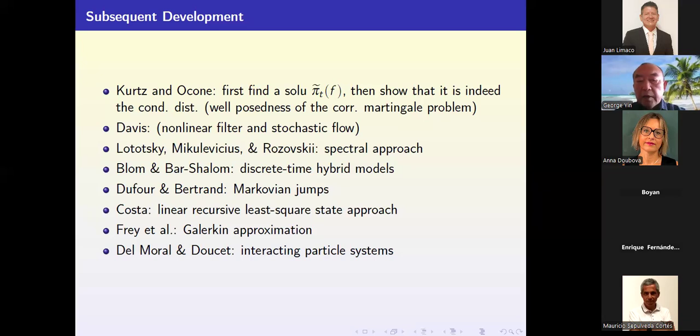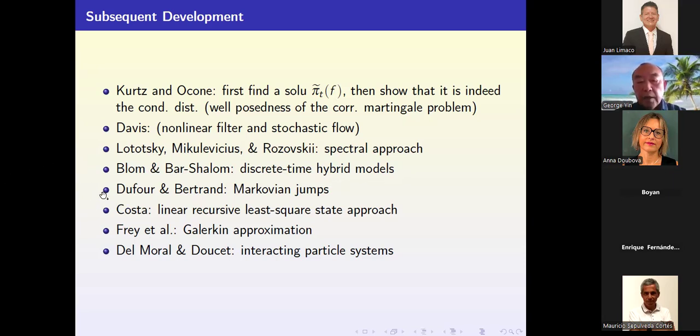There was also an approach by Mark Davis on nonlinear filtering and stochastic flow. Recently, by recently I mean in the 80s, Rozovskii and his former student Lototsky and collaborators used the spectral approach to treat the nonlinear filter problem. And there are also problems from the engineering side. Blom and Bar-Shalom did discrete-time hybrid systems.